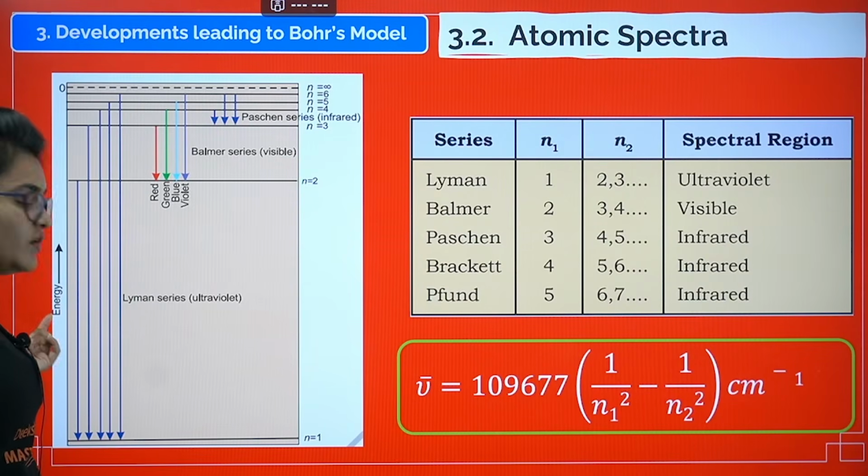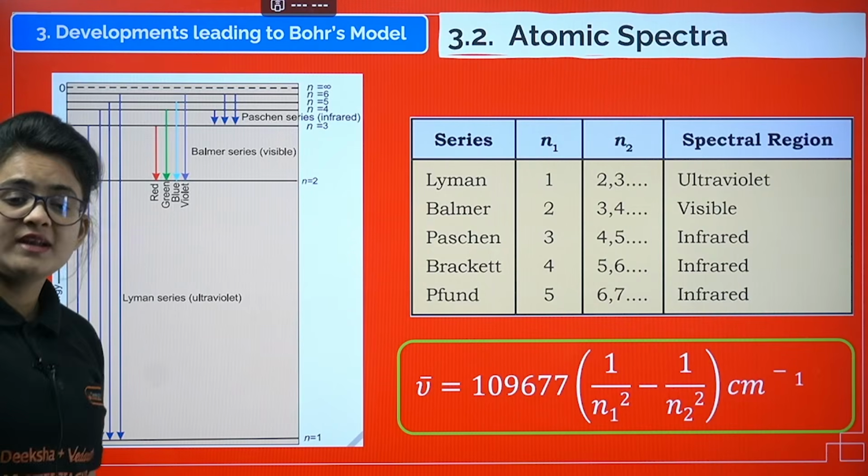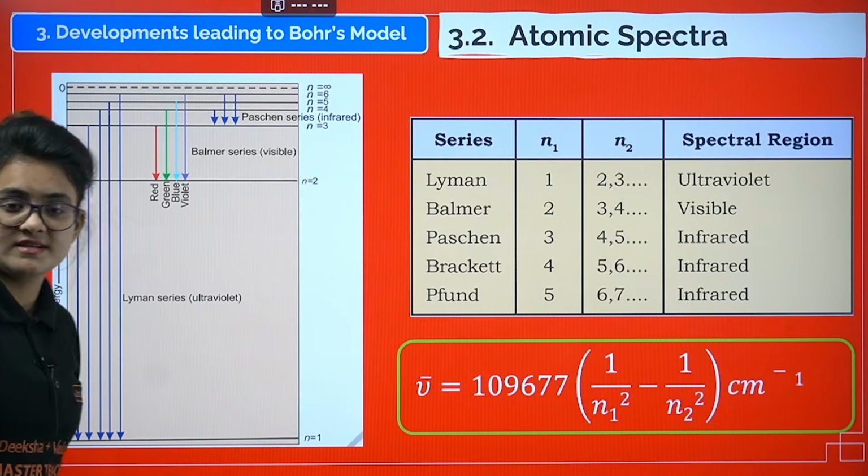The radiation we will get when the electron comes back to the n=1 state, the range of electromagnetic radiation that we will get, is called the Lyman series. We will get it in the ultraviolet region.